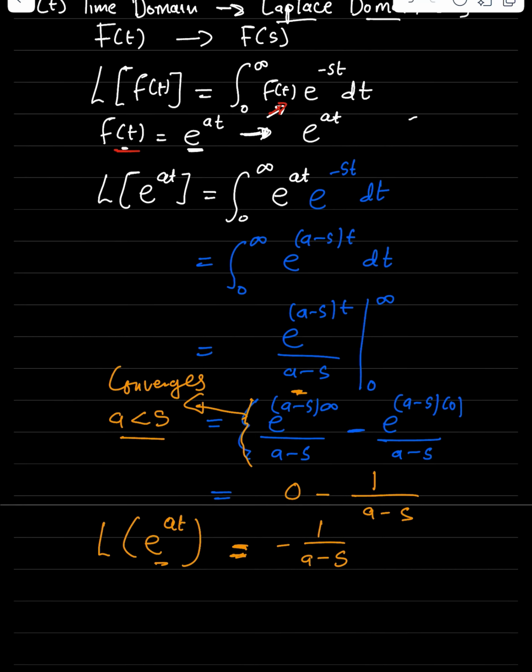Also, if I try to find the Laplace transform for e to the negative a t, you're going to find that it's going to become 1 over (a plus s), because here you're going to have a negative.